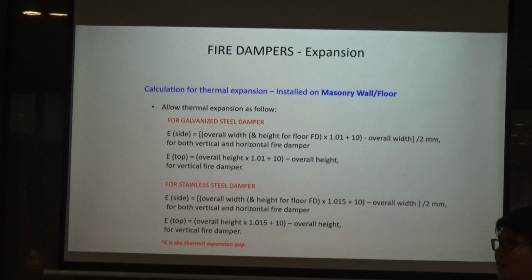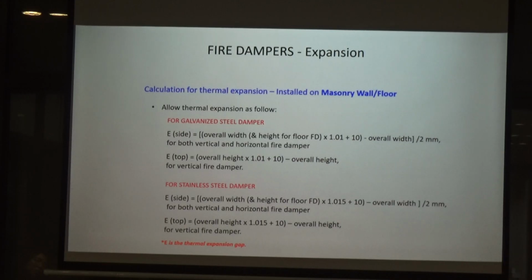Then for a floor fire damper, on the 4 sides, we can adjust so that the gap on the 4 sides is equal. Then when it comes to a vertical fire damper, for a brick wall for example, it's very difficult to adjust the damper to be exactly in the center of the opening, because the damper has its own weight.